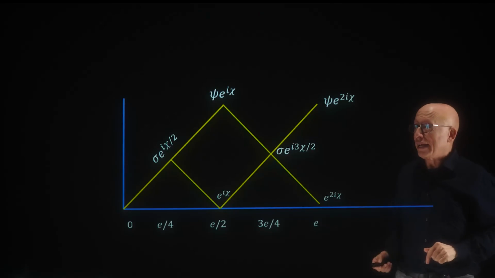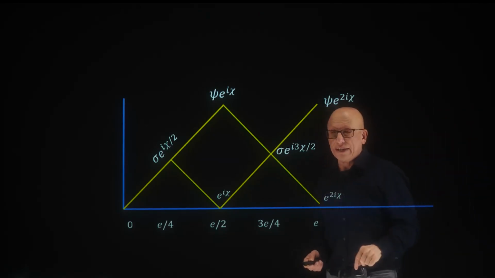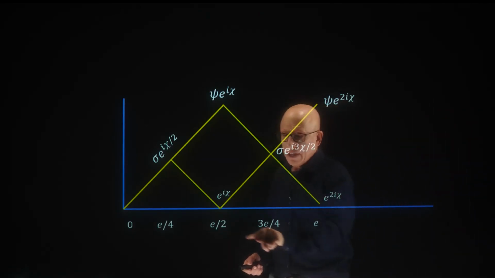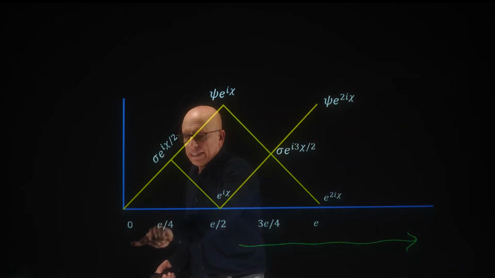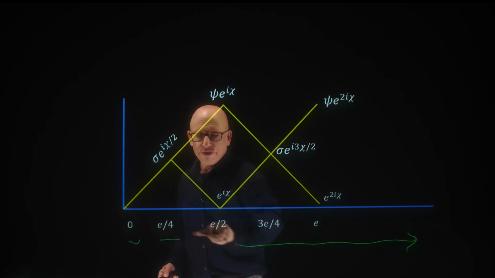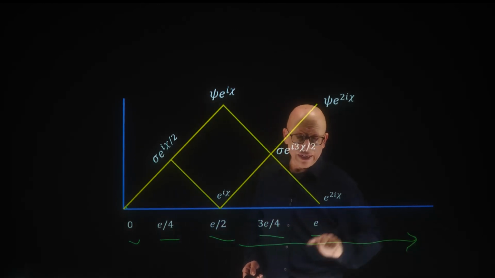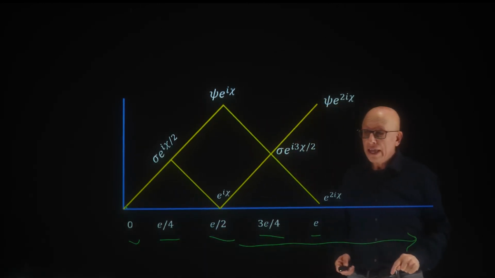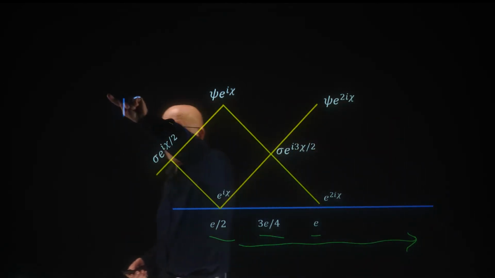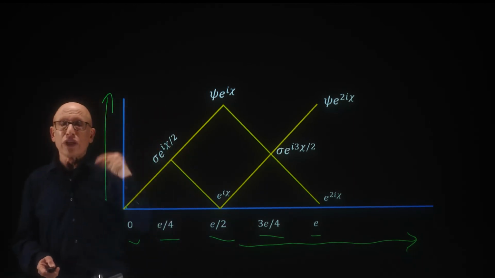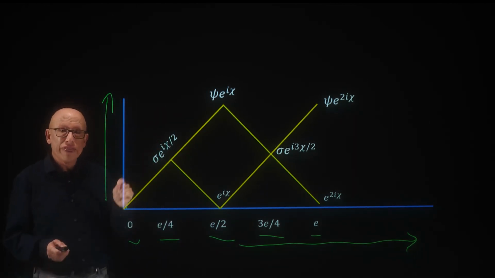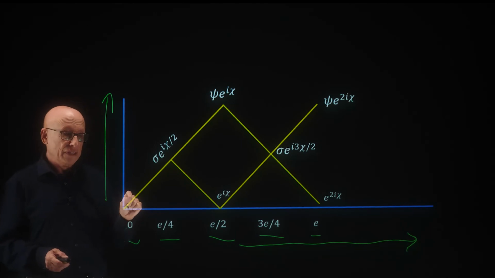So altogether you can draw this in a diagram, as we do here, where this axis is the charge: 0 here, e/4, e/2, 3e/4, and electron charge. And that axis is the state of the topological degree of freedom that the quasi-particle carries.